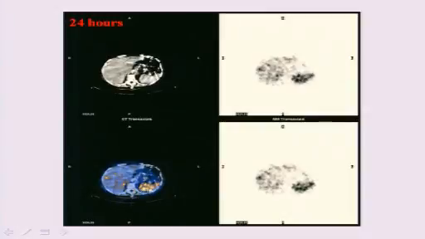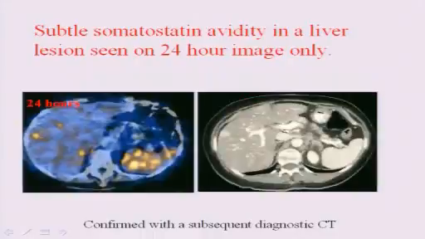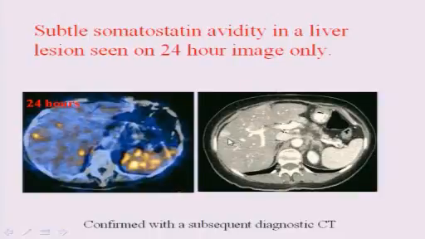Well, we see lots of background activity in the spleen and elsewhere in the liver, but when we show the diagnostic CT scan, we see right here that this is indeed an octreotide avid lesion that's only seen at 24 hours.